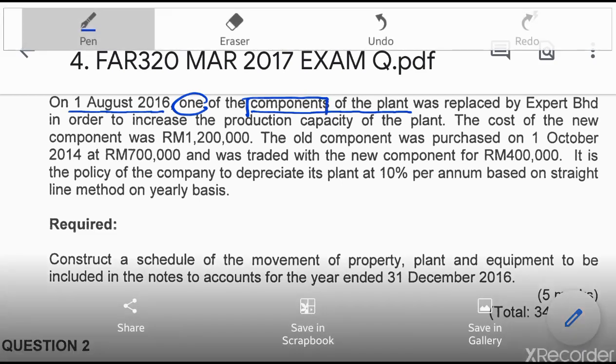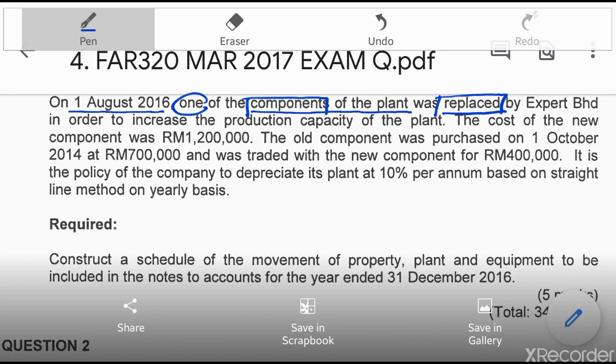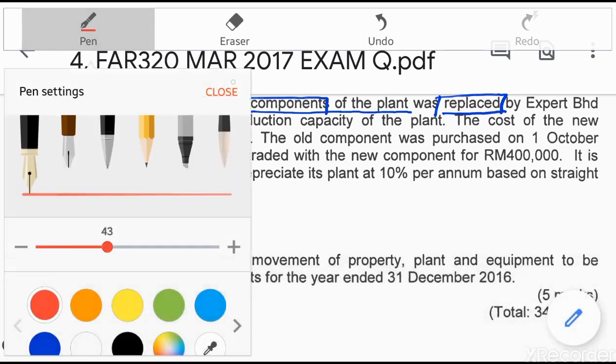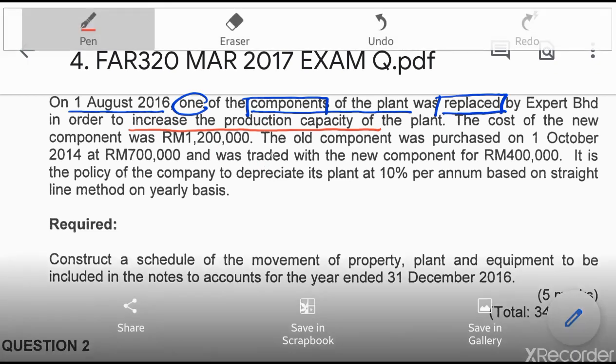So meaning that the remaining components are still there in the company, but somehow Expert Berhad is replacing just one particular component. Why? It was replaced because it is hoped that it will be able to increase the production capacity. So when you look at the words to increase the production capacity, this means that it will be able to increase the future economic benefits of the company.